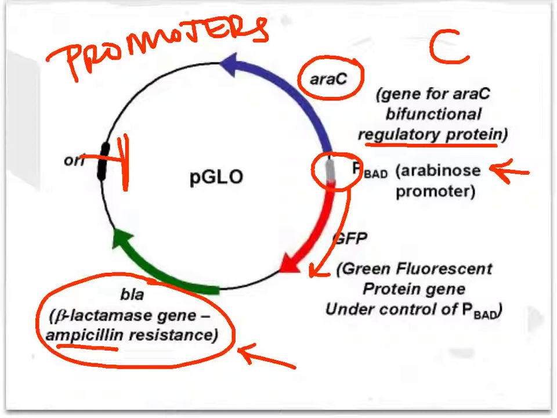Number two, when arabinose is present, arabinose will activate through the operon the regulatory protein C. When regulatory protein C is transcribed and translated, it activates this gene for the green fluorescent protein. Therefore, if bacteria have taken up this plasmid, they will be resistant to ampicillin, and they will fluoresce green.